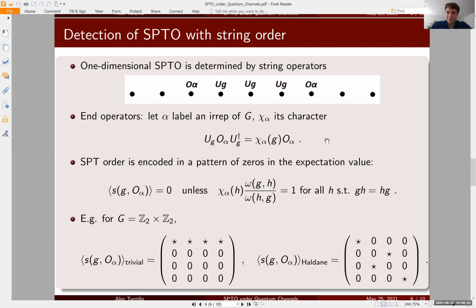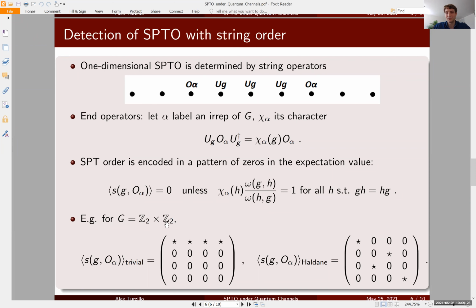So expectation values of these string order parameters are interesting in that they have a pattern of zeros. One can show that the expectation value vanishes unless a special constraint is met. That constraint relates alpha, G, and the 2-cocycle omega, which characterizes the SPT order.